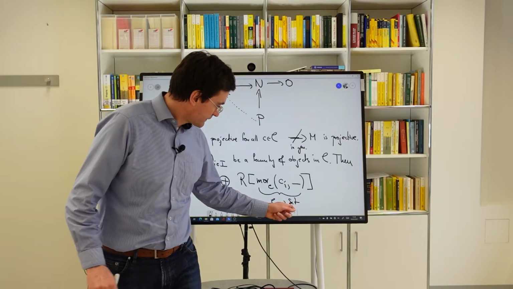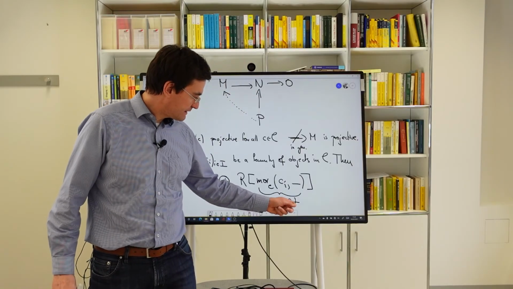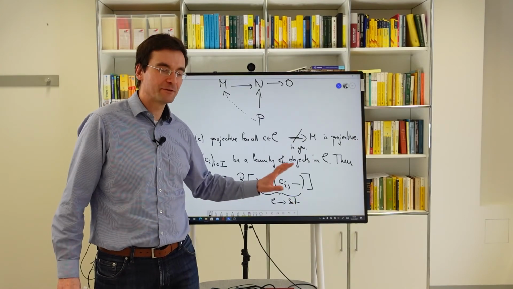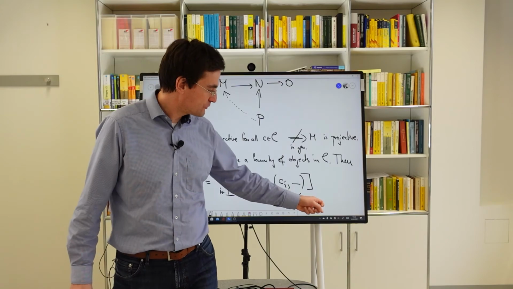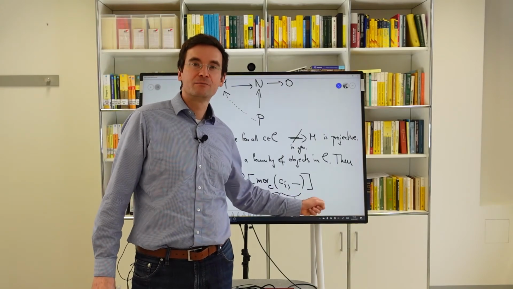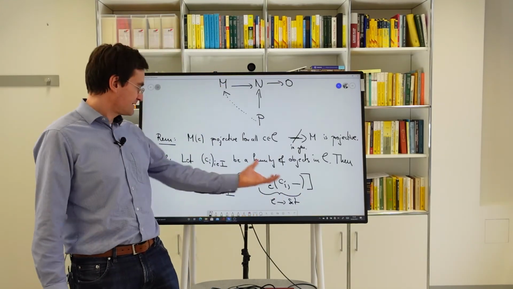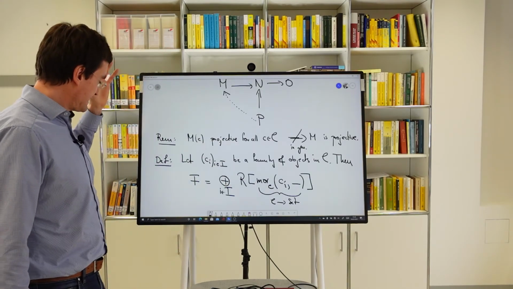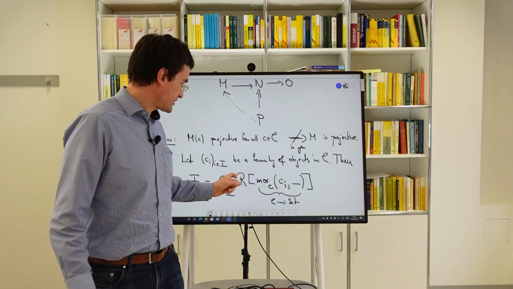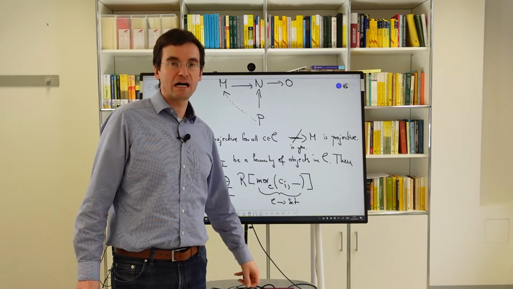And then I compose this functor with the free R module, which is a functor from sets to R modules, and this is what you get. So for each C, I can plug it in here, and I just have a bunch of free R modules.